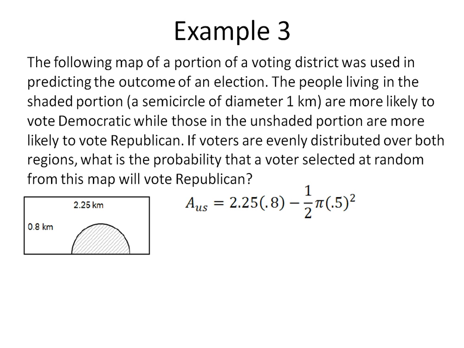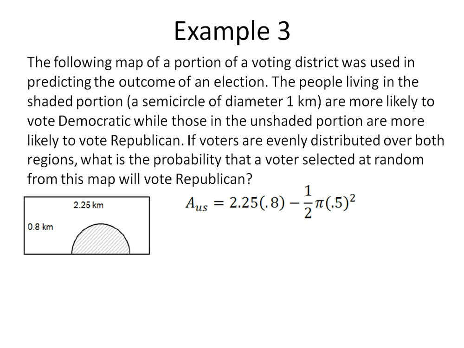Okay, so the area of the unshaded part, that's what US stands for, is equal to 2.25 times 0.8 minus 1/2 of pi times the radius of 0.5 squared. The way they got the 0.5 here is because they told us it was a semicircle with a diameter of 1 kilometer.